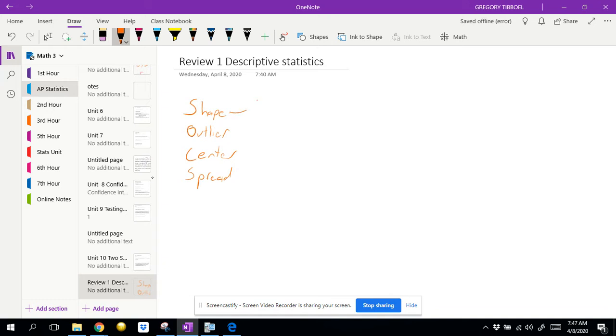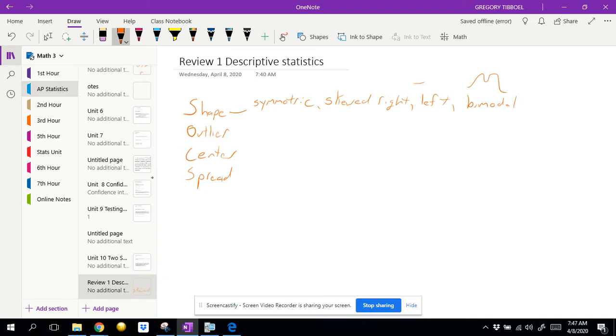So shape, hopefully we know we have symmetric. We also talked about that as approximately normal, but symmetric's a perfectly fine way to go. So we have skewed right and left. And we also have things like bimodal, which is a hump.